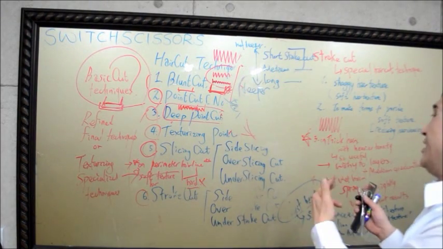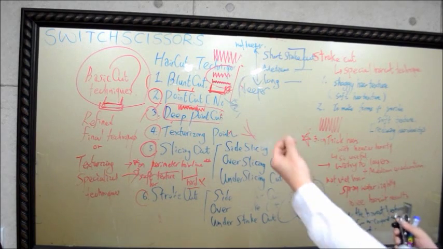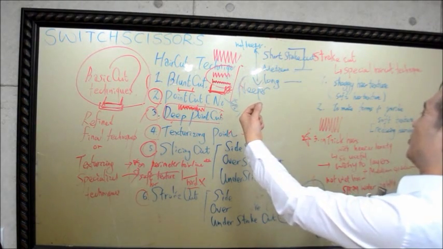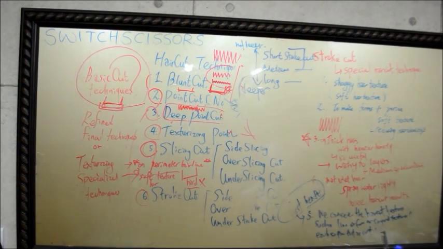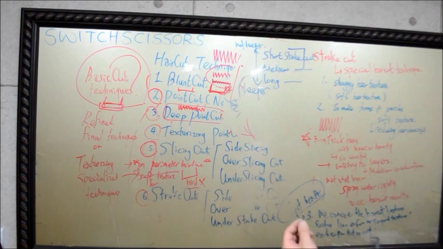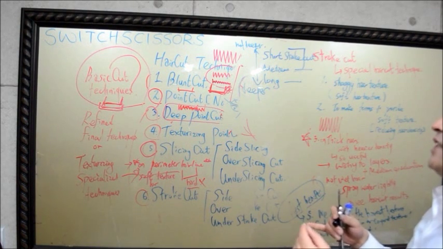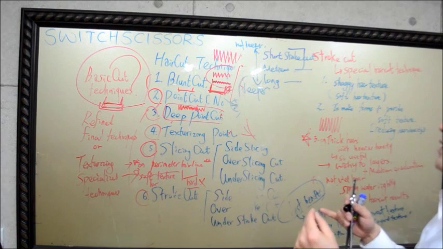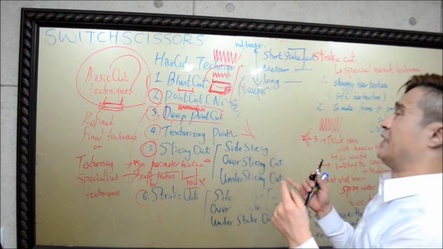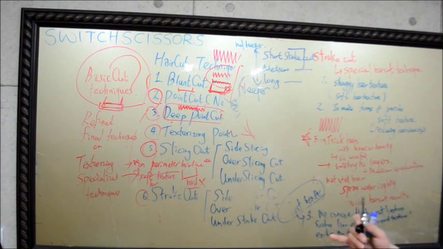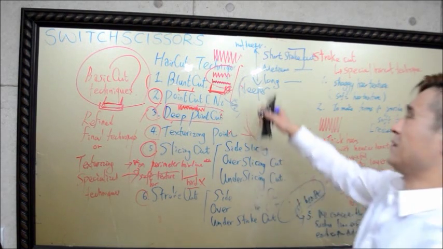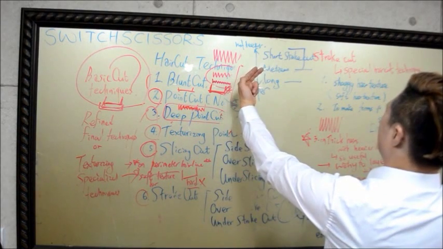If you try this later, stroke cut by tip grasping is also easier. The more you want to make the hairs lighter and softer, the better to use two fingers.